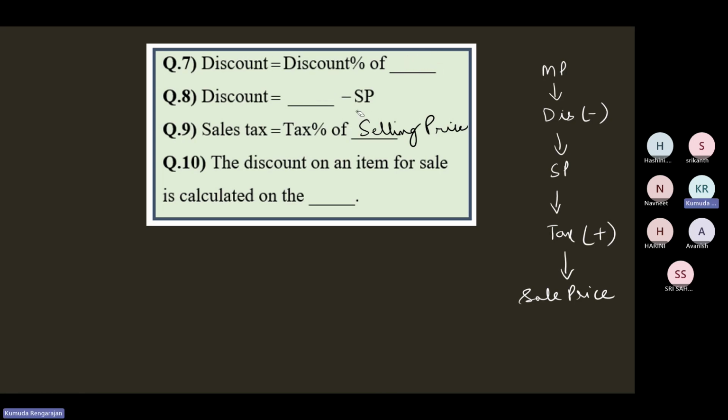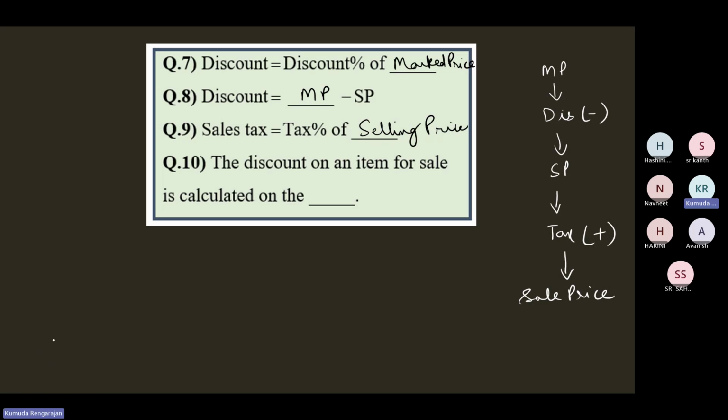But here SP is given in short form, so we'll also use short form. Here we'll say mark price fully. Don't worry, MP is mark price, there's no other meaning. But since we have sale price and selling price, it's better you write if it is selling price or sale price.